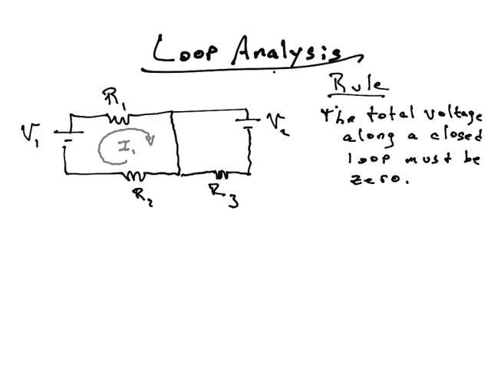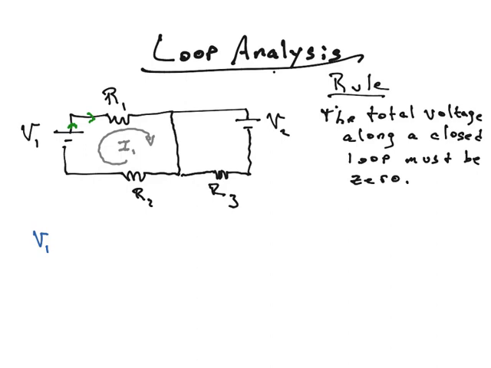How does that happen? Well, let's see. Let's follow the loop, follow the current. The current, let's say, leaves the voltage source. Well, first of all, I started at the voltage source, so I have some voltage to start with, V1. Then what happens? The current leaves, hits R1. What happens when a current and a resistance get together?